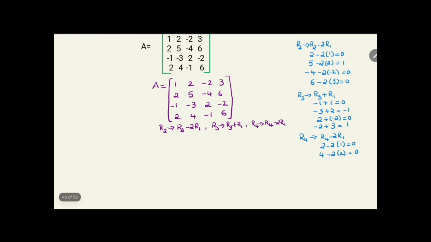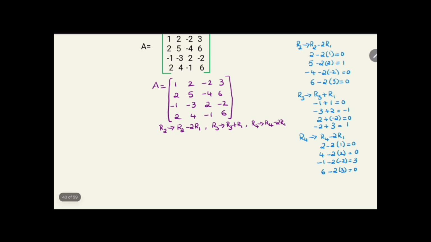The third element of R4 is minus 1 minus 2 of minus 2. That is minus 1 plus 4, which is nothing but 3. The last element of R4 is 6 minus 2 into 3. 6 minus 6 is 0.